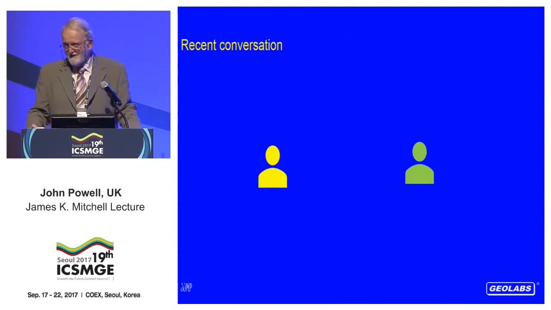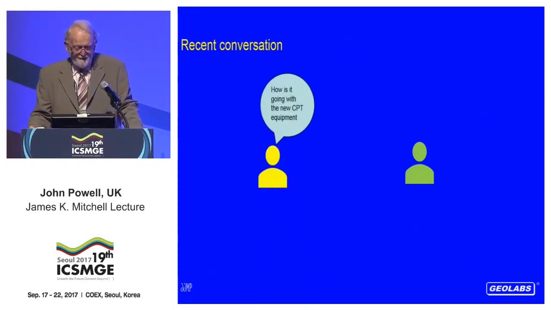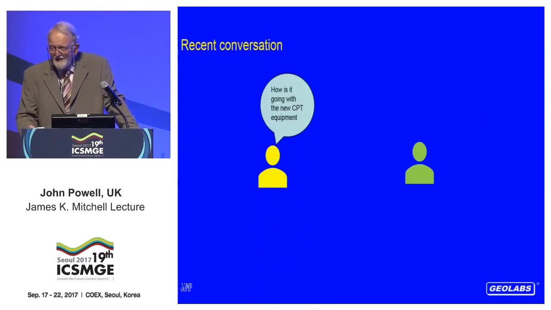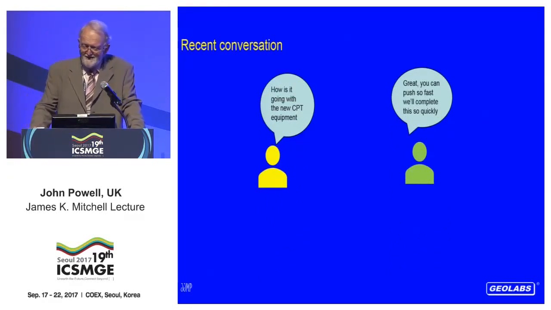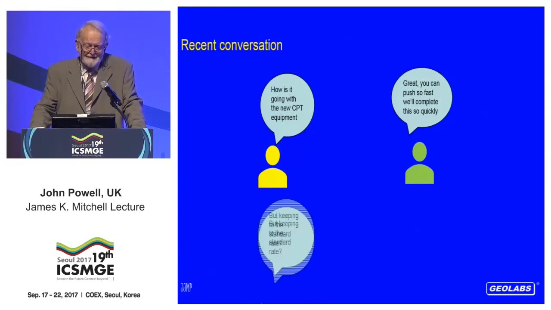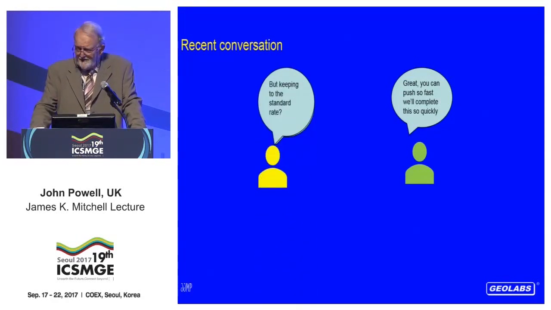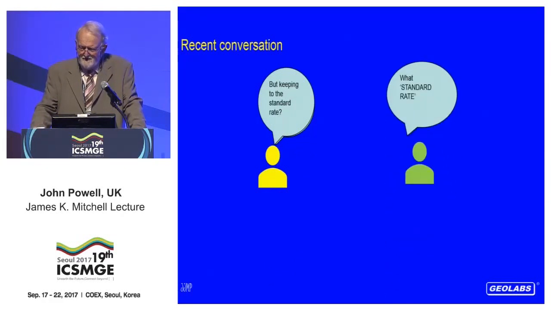I had a recent conversation with somebody on a site who had just bought a new CPT rig. And I was asking them how this was going. And they said, oh, this is great. We can push things in so fast. We'll really complete this work a lot quicker now. So I then said to him, but you're going to keep to the standard rate of testing? And he said, what standard rate?